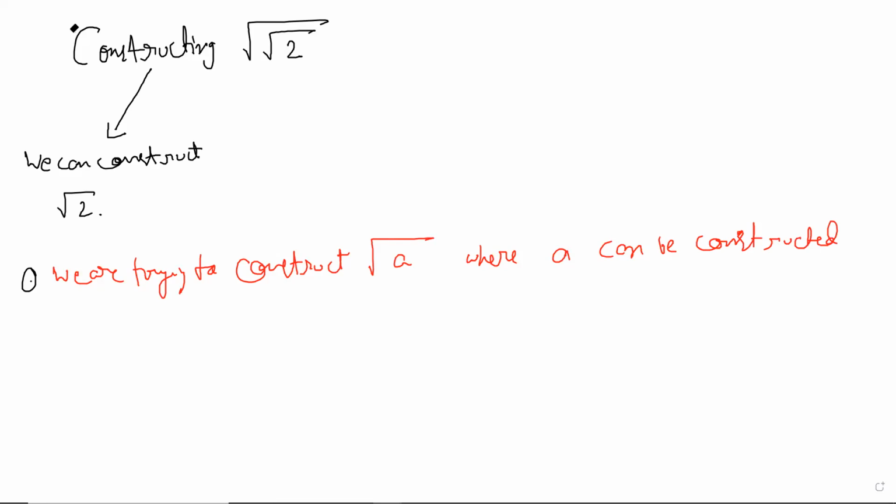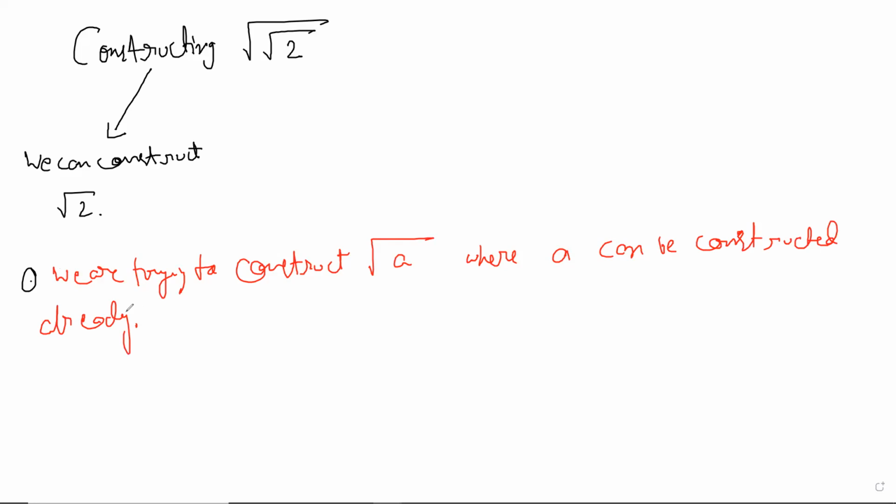Now I want an affirmation if all of you can relate to this, or see how this situation is really just this situation. A is a number which you are able to construct geometrically. And then you're trying to construct the square root of that number.